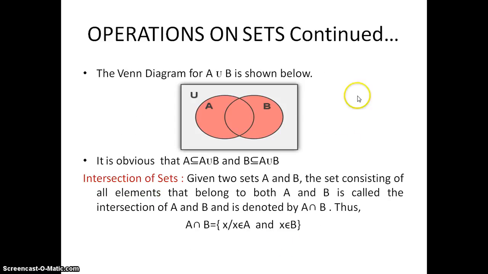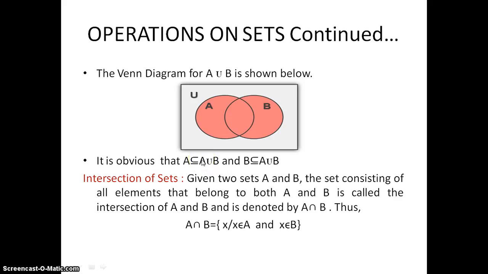The Venn diagram for the union of sets is as shown below. That is, set A union with set B, showing that it consists of all the elements. So the obvious result is that set A is a subset of A union B, and set B is a subset of A union B.